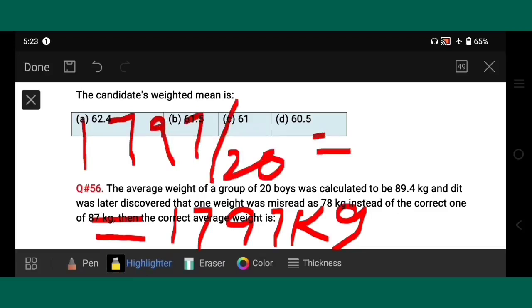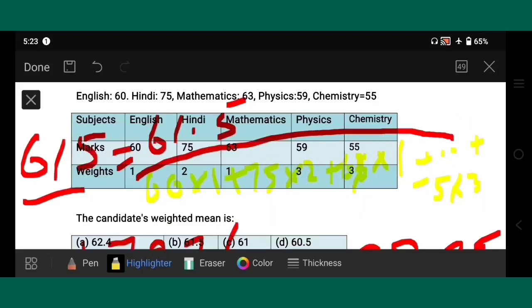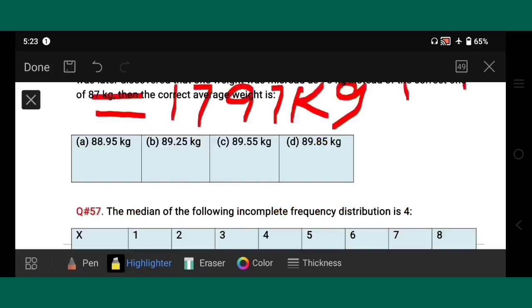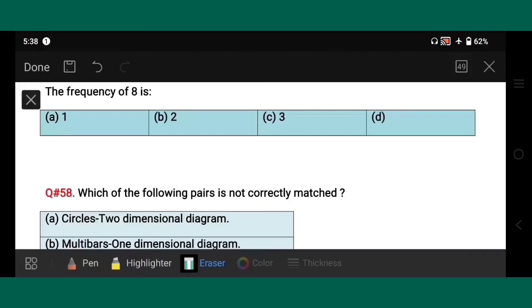So it gives 89.85 kg. So our correct option is D.